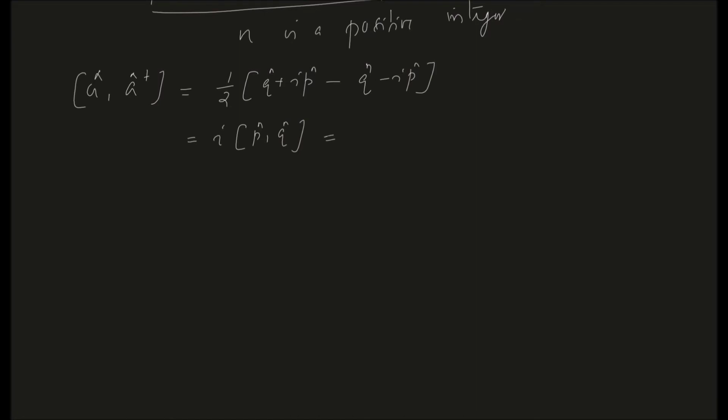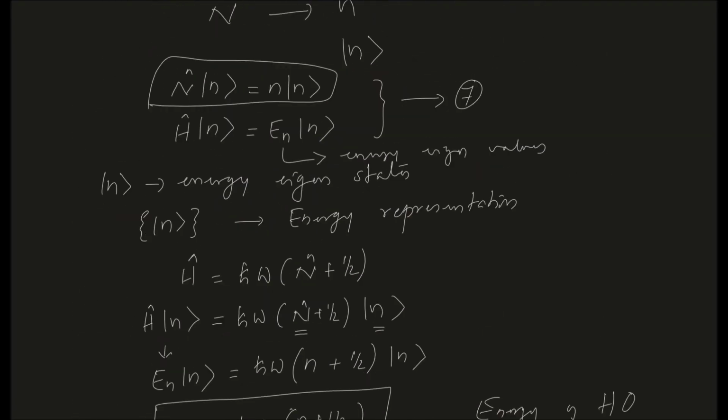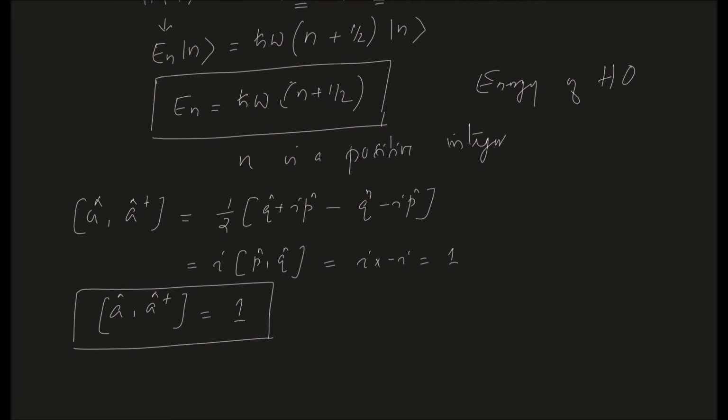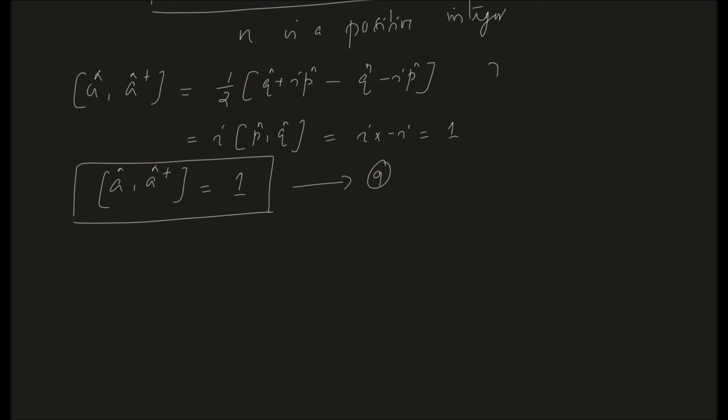We have seen it just at the beginning of this class. So this will give us i times (-i), which is equal to 1. So we have one commutation relation: [A, A dagger] = 1. Let me put this as equation 8 and this as equation 9. You have to do it as an exercise.